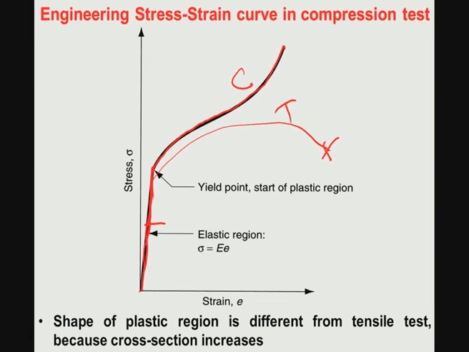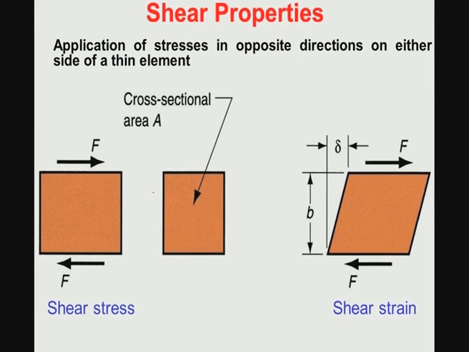However, one can also measure the slope of this initial linear curve, and again here Hooke's law is valid, that is stress is equal to elastic modulus multiplied by the strain. So, the slope of this elastic curve will give you essentially the compression modulus.